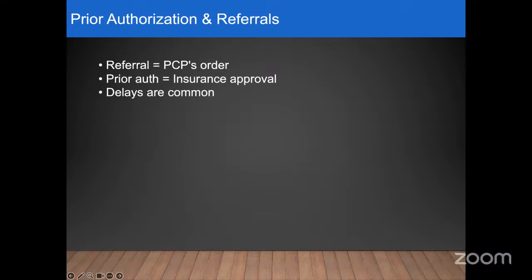This process can cause delays in care, so it's important to know how we can manage it effectively. And usually the most common cause of delays in prior authorization is incomplete documentation, in that you don't completely state the indication for the authorization.